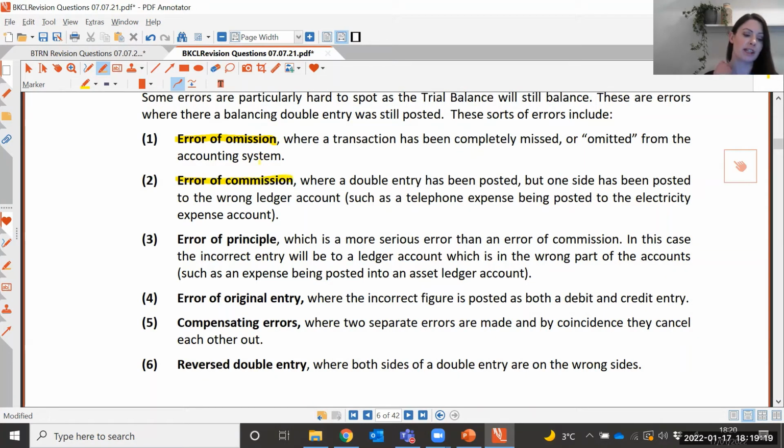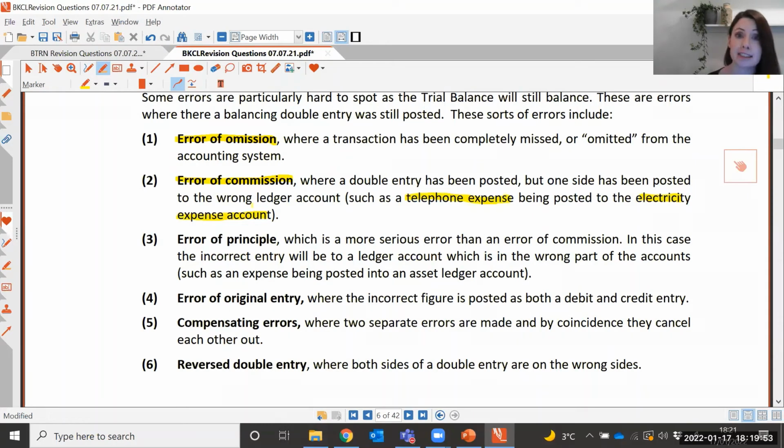Now, error of commission and error of principle are two of the errors which students tend to get mixed up with. An error of commission is where the right type of account has been used, but it's the wrong one. So for example, in this example, a telephone expense has been posted to the electricity expense account instead.